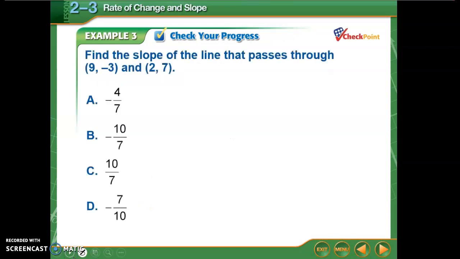Try the next problem. Find the slope of the line that passes through (9, -3) and (2, 7). So always label. Okay, follow the formula. Slope is y2 minus y1 over x2 minus x1.